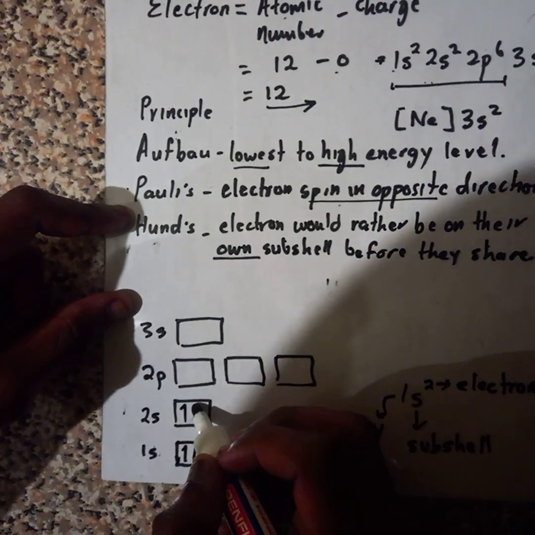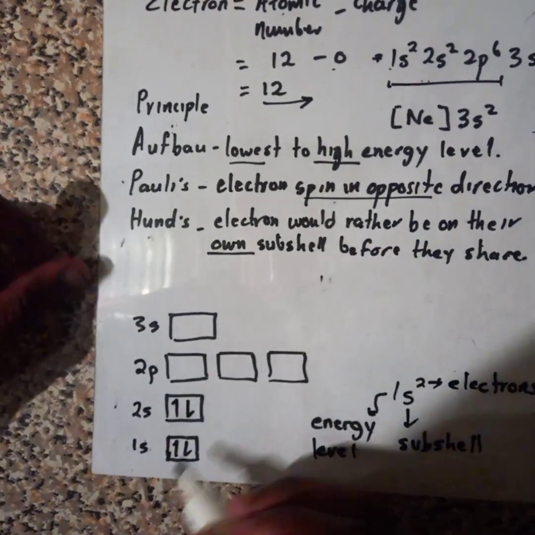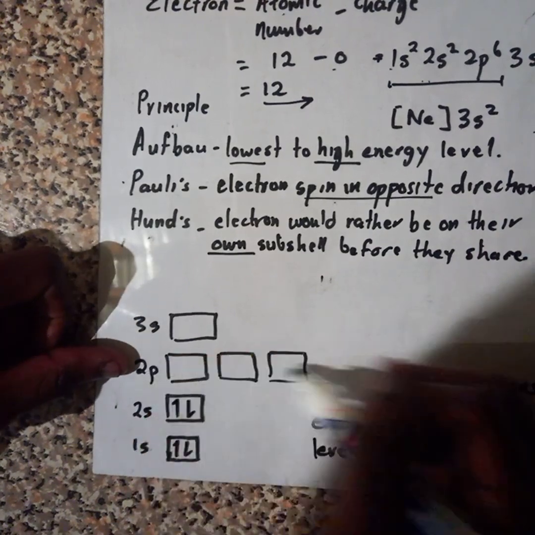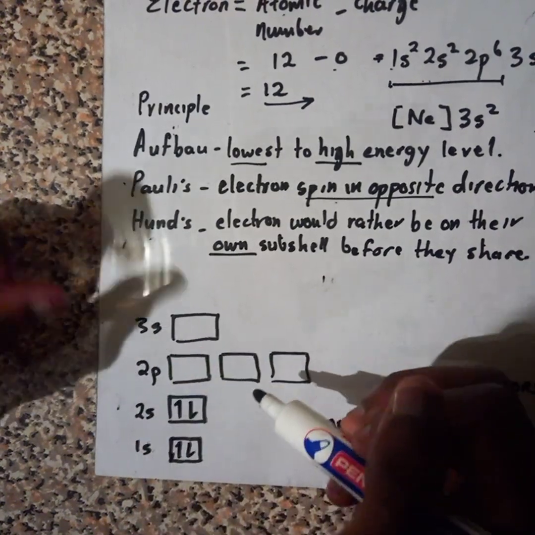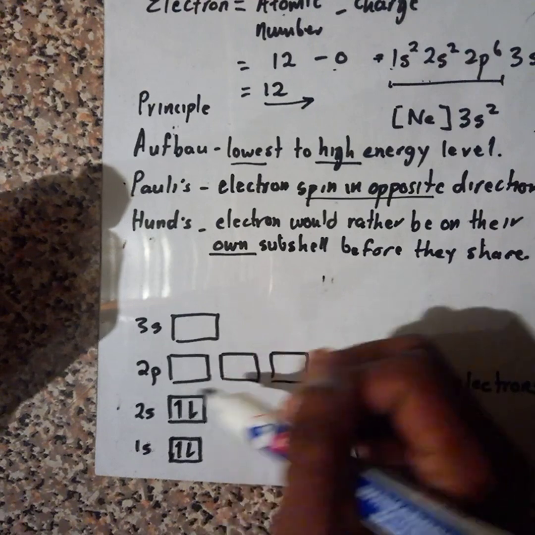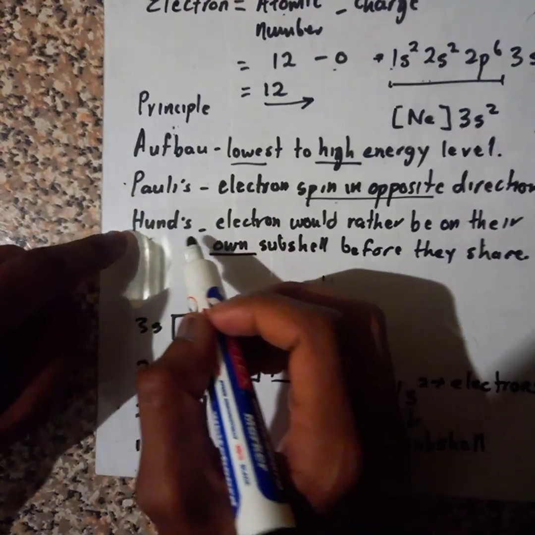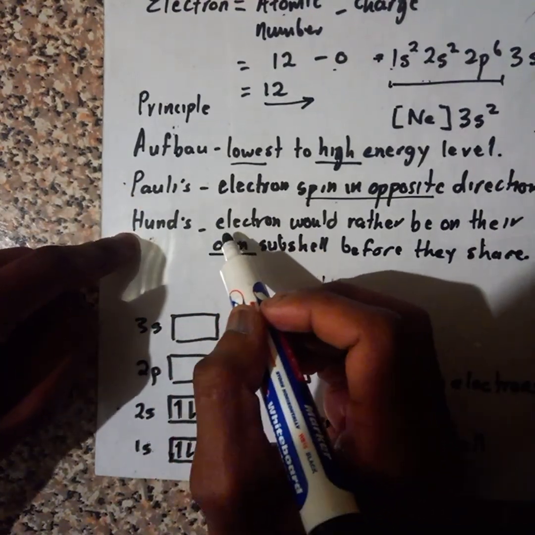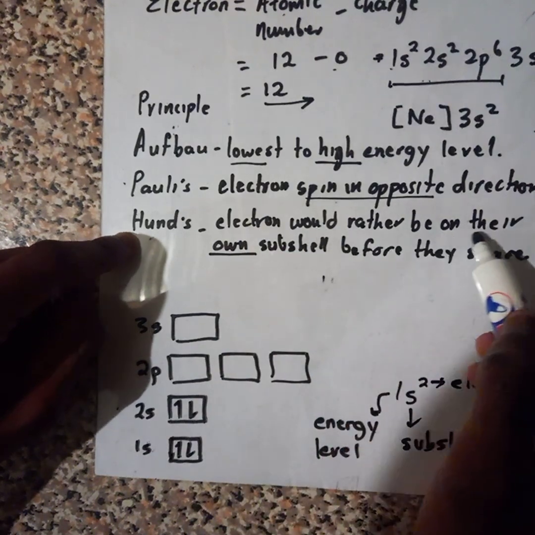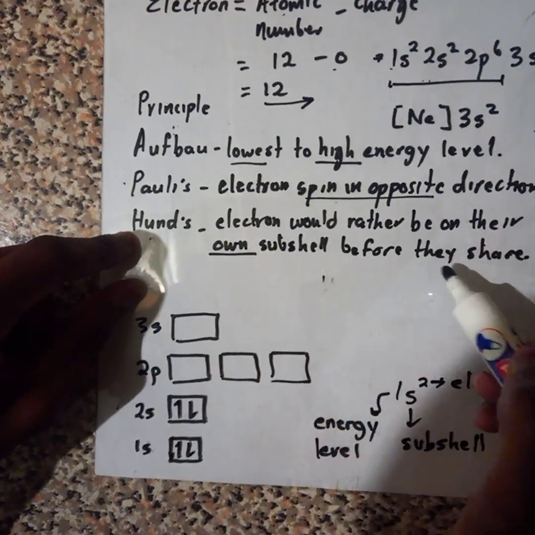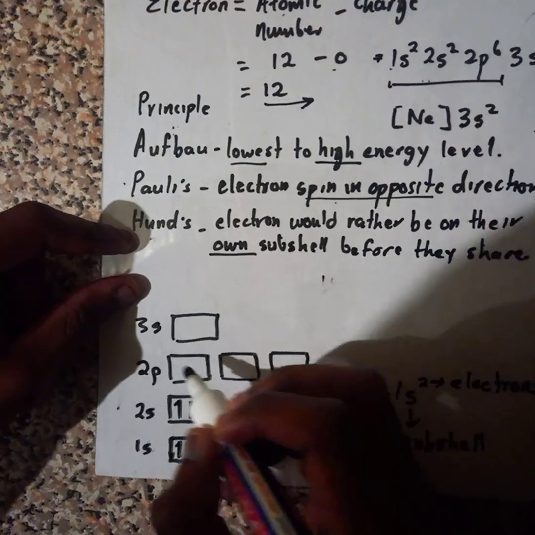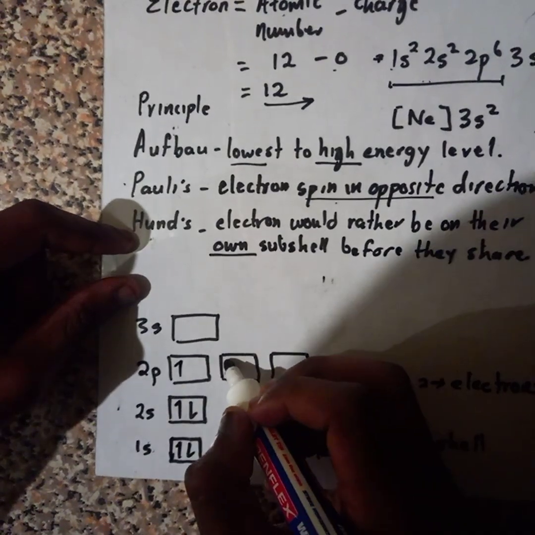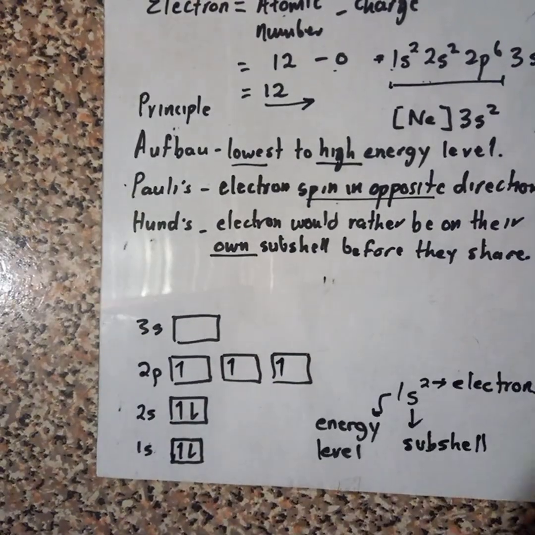Up, then down. Then now we have reached 2p. How are we going to fill 2p now? We use Hund's principle. We state electrons will rather be on their own subshell before they share. We are going to start by filling each like this.